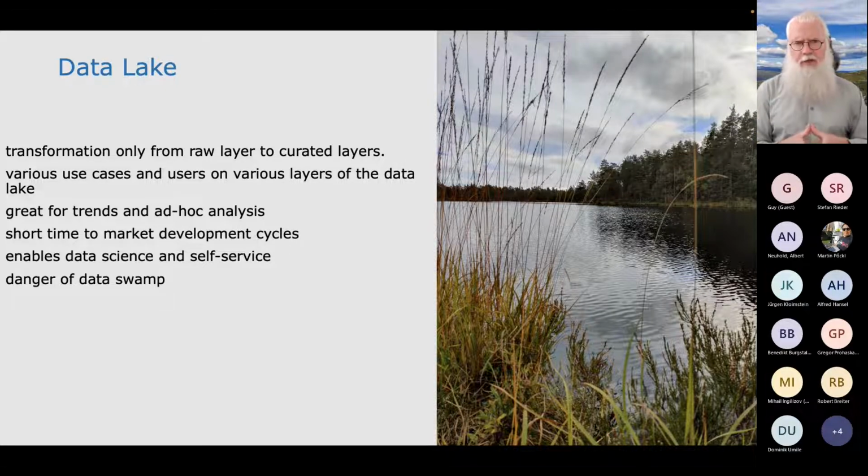Of course, there is a great danger of a data swamp, in that since you're pushing as much data as you can in, you don't really think about the use cases for it. If people then don't know what data is there, and it's hard to find out what is where, you end up with a lot of data that is taking up storage space and gets expensive over time.